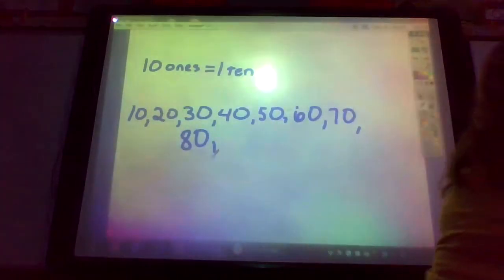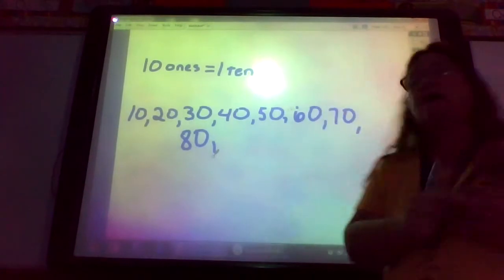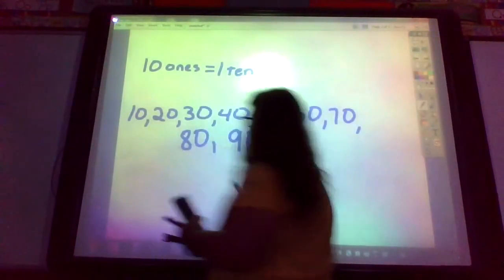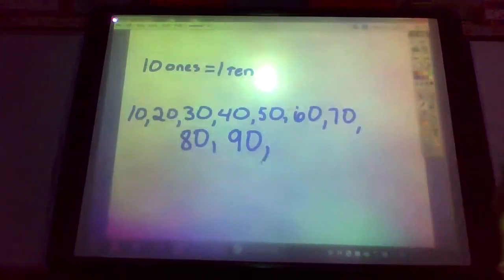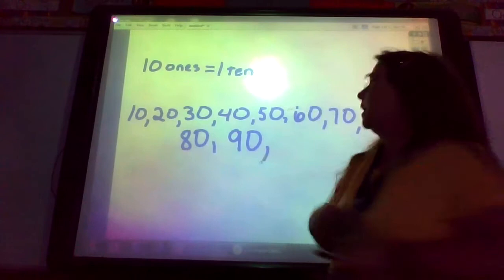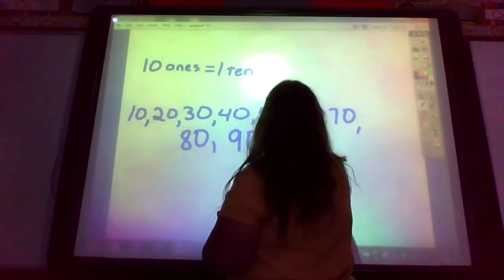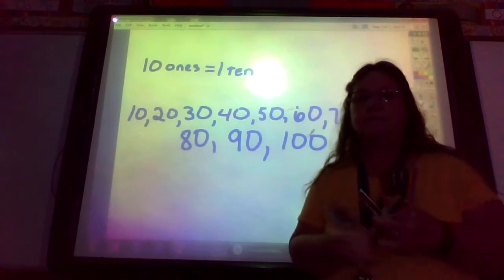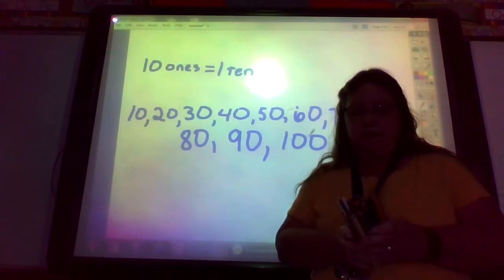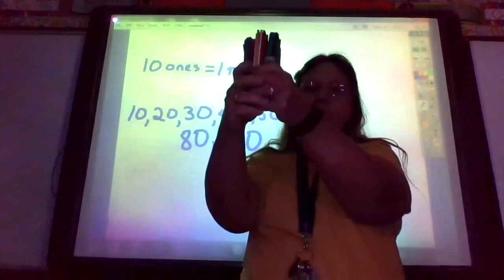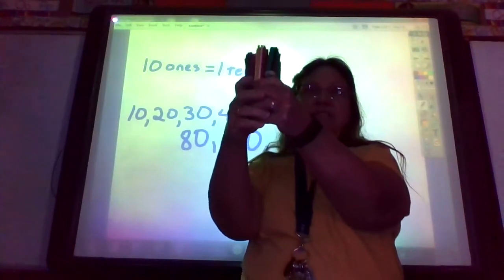If I add another bundle of 10, I have 90. If I add another bundle of 10, I have 100. Now, if I put them all together, I have 100 sticks.